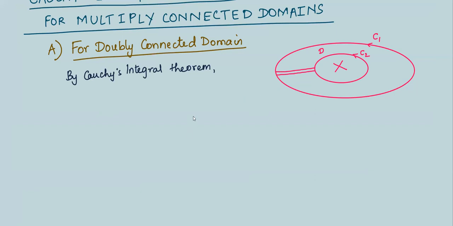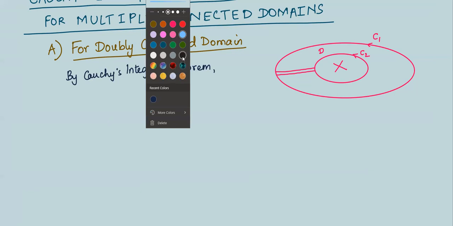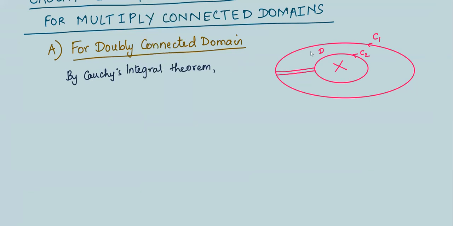Now I will choose a path like this. Look very closely at the black arrows. Let me start from a point.